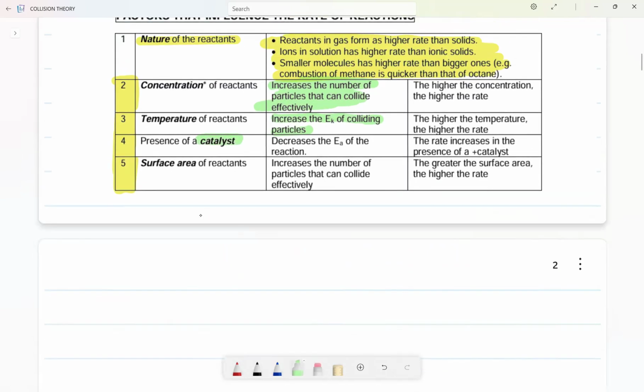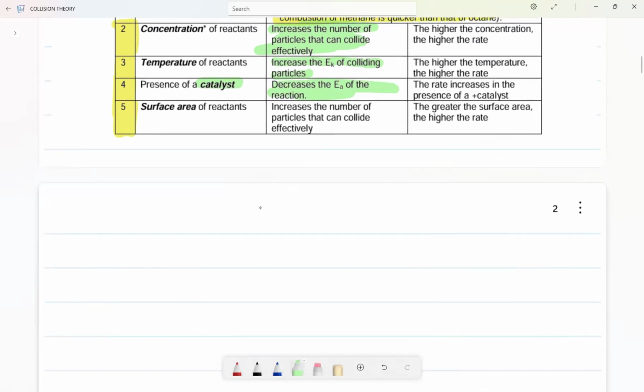Presence of a catalyst now decreases the EA of the kinetic energy. Now, remember, we need kinetic energy that is greater or equal to EA. Now, do you agree with me? As we decrease this, we are becoming happy because now it does what? If the energy is, let's say, 50 joules, and now we are having maybe 51 joules, can you see that?